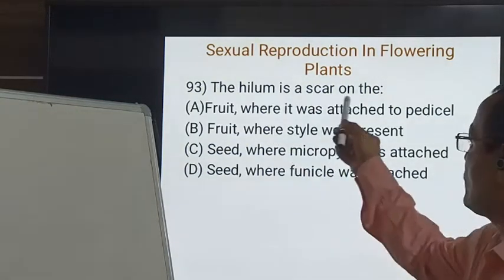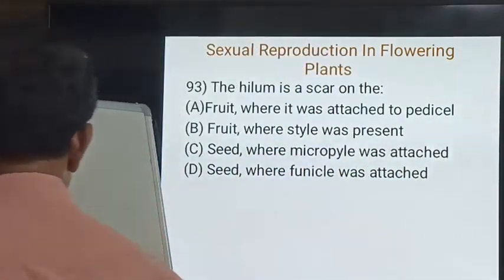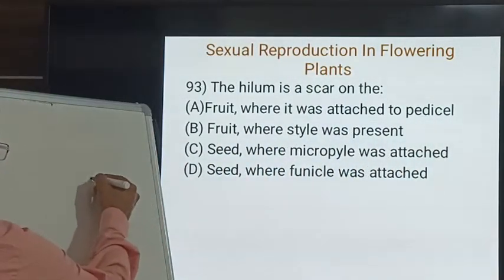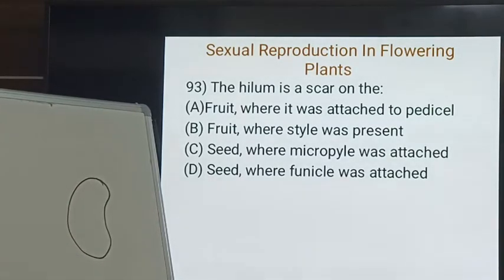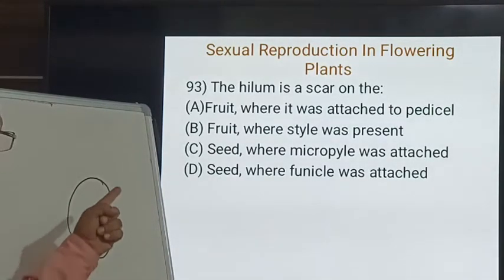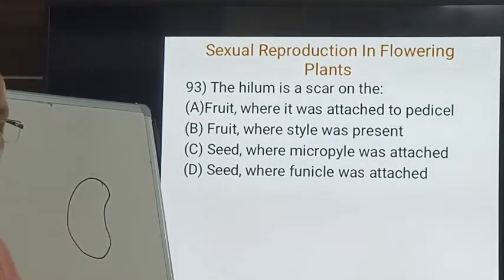The hilum is a scar on the... See, this you have to understand. When we take a dicot seed, a bean seed, there are three parts: seed coat, cotyledons, two cotyledons in a dicot, and an embryo.